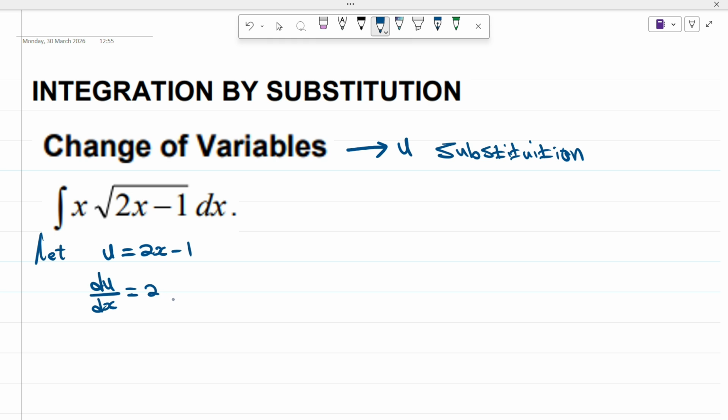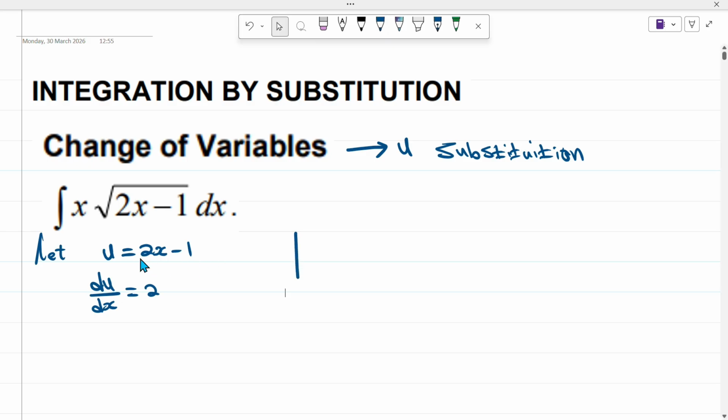And then after that, we rewrite our given integral with respect to U. From this U, we can make x the subject of the formula, so that we can substitute that x there.